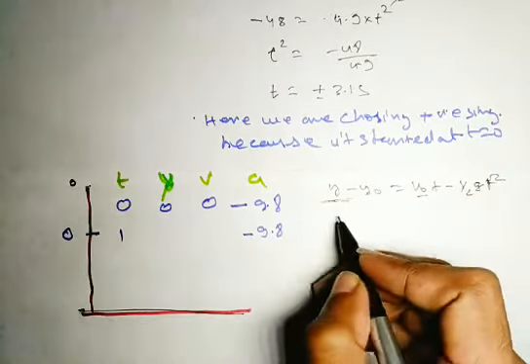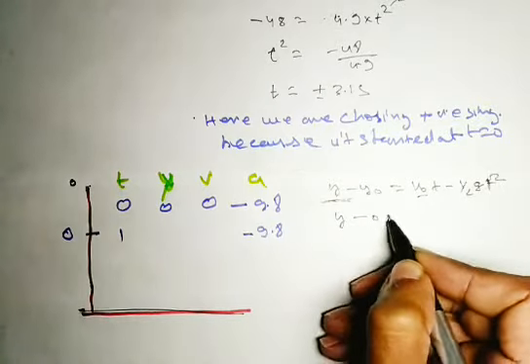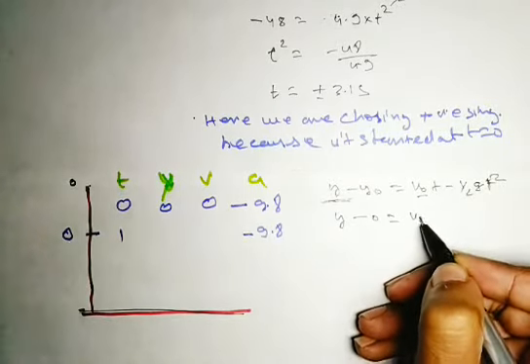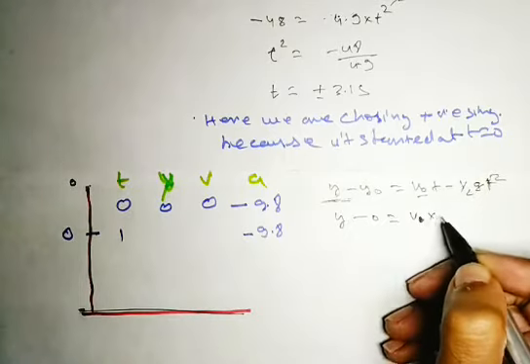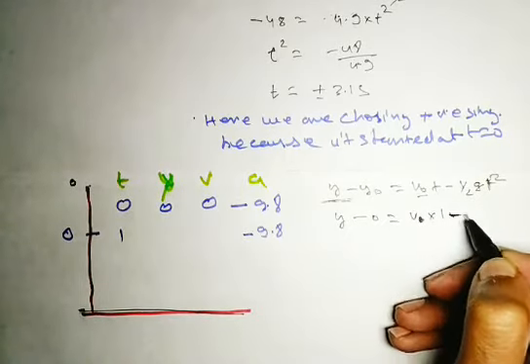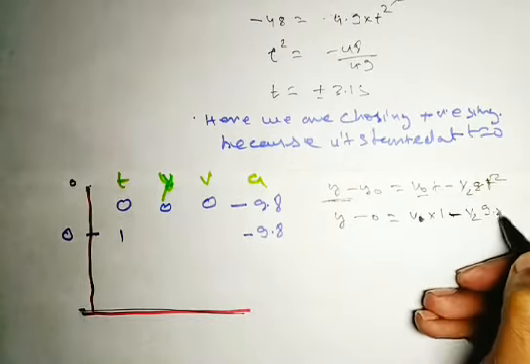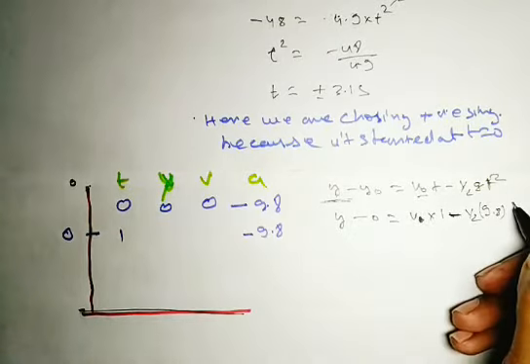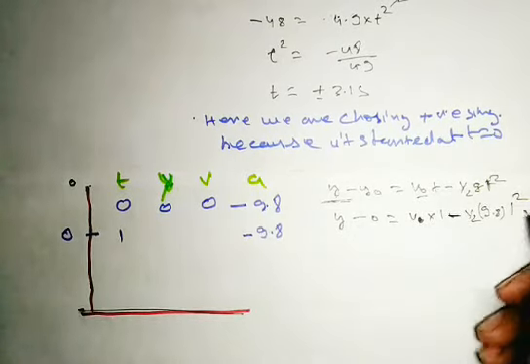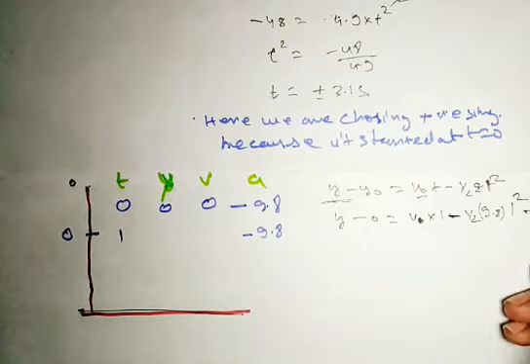Let's apply y naught equal to 0. We don't know v naught or v, times t equal to 1, minus half, g is equal to 9.8, and t is equal to 1 square. Let's take it as an equation.